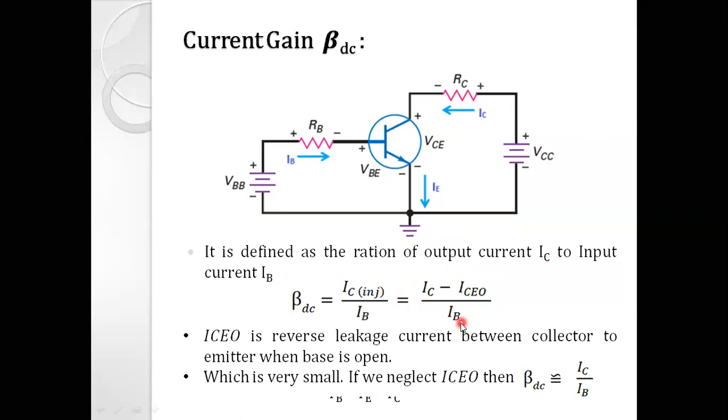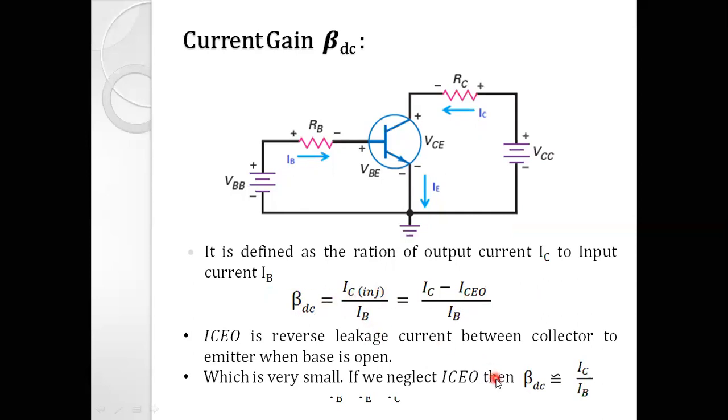So when I send IB to the left hand side, it gets multiplied with beta DC, so IC is on the right hand side, and when I send ICEO to the left hand side, it becomes positive. So IC is equal to IB into beta DC plus ICEO.